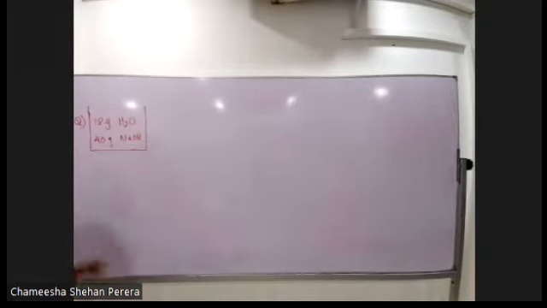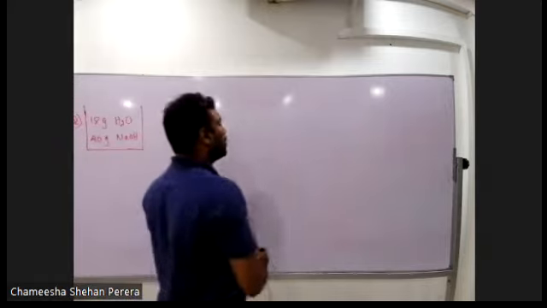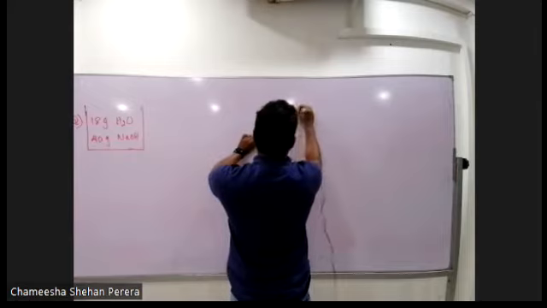I have just given the mass of the solute, but not the number of moles. So in this case, before we find the mole fraction, we have to find out the number of moles. Let's see, mole fraction of water.